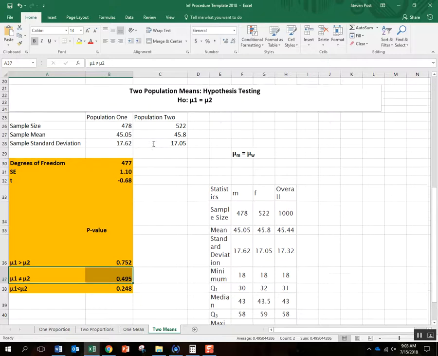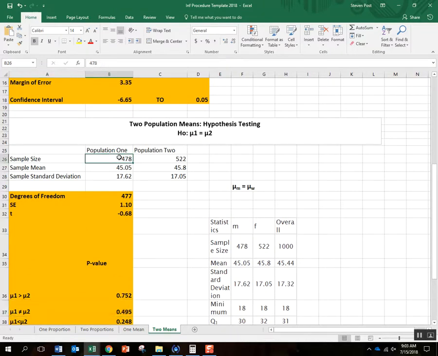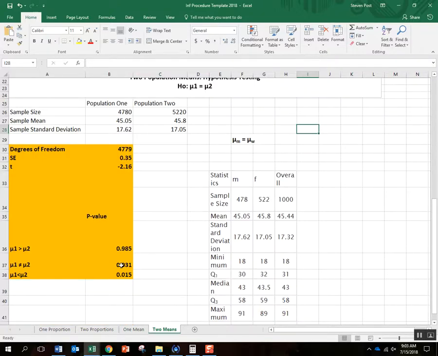Suppose we'd gotten these same numbers, except the sample sizes were 4,780 and 5,220. Then suddenly the p-value becomes 0.03. So this difference is not statistically significant on small sample sizes, but for really big sample sizes, that would tell us that, yeah, women are a little bit older than men.